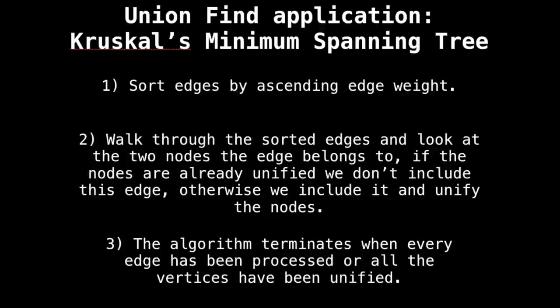Otherwise, we want to unify the 2 groups those nodes belong to and keep going. We keep doing this until either we run out of edges or all the vertices have been unified into one big group. You'll soon see what I mean by a group, which is when our union find data structure is going to come into play.